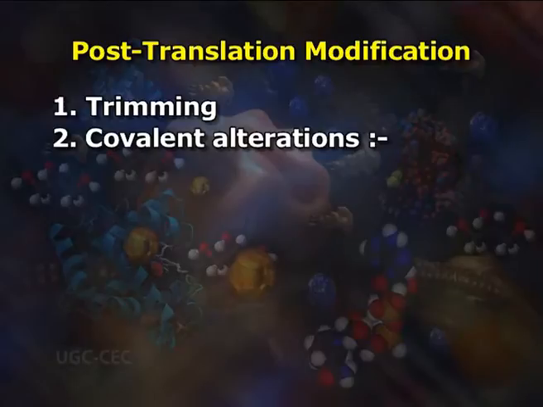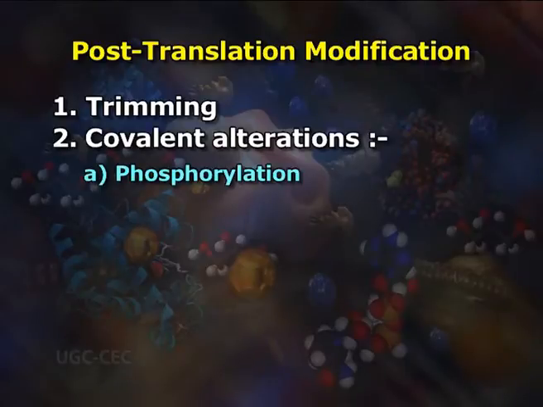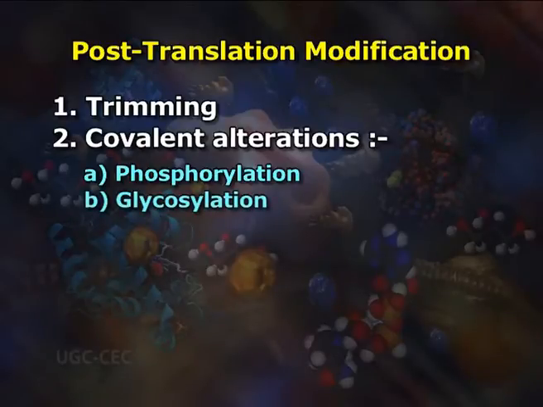Covalent alterations further include phosphorylation, which may activate or inactivate the protein. Glycosylation targets a protein to become a part of the plasma membrane or lysosomes or be secreted out of the cell.